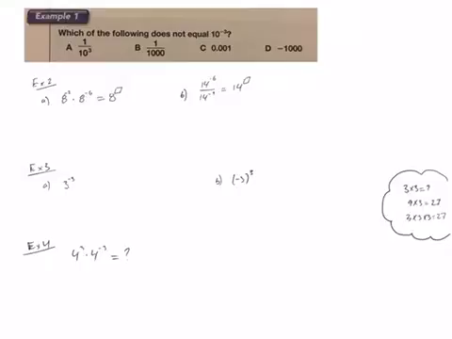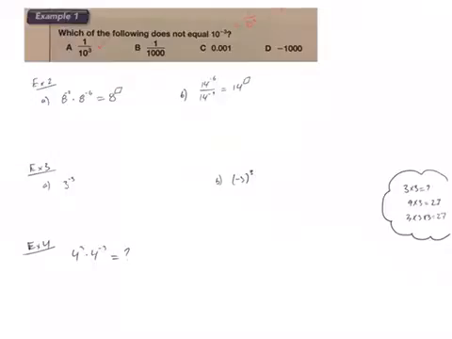So let's try that real quick. Example 1 says which one of the following does not equal 10 to the negative 3? Well, following the example we just did, 10 to the negative 3 is the same thing as 1 over 10 cubed. Well, what is 10 cubed? 10 times 10 times 10 is 1,000.